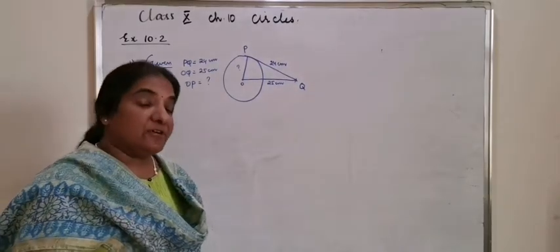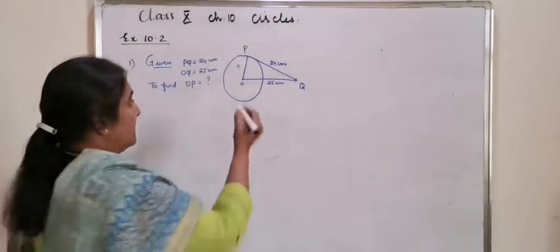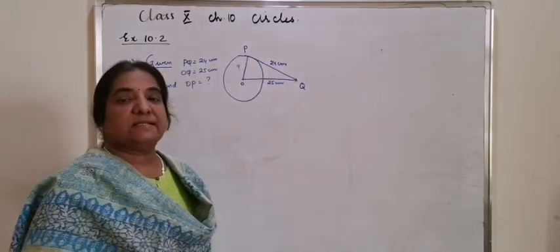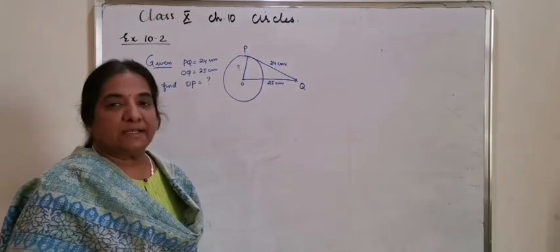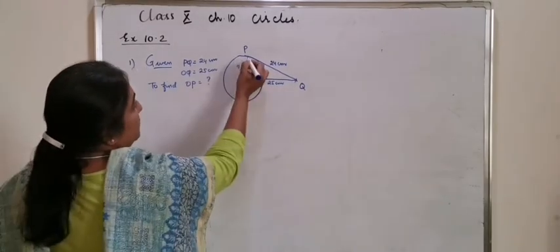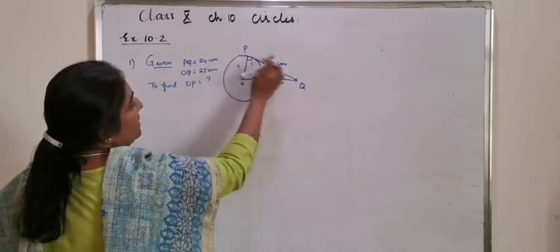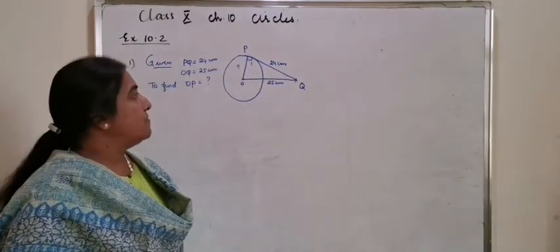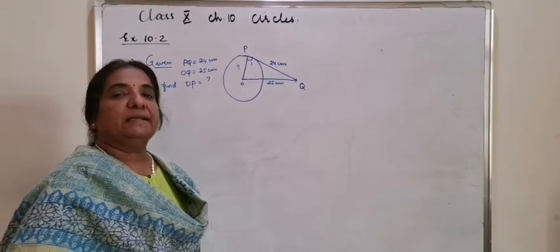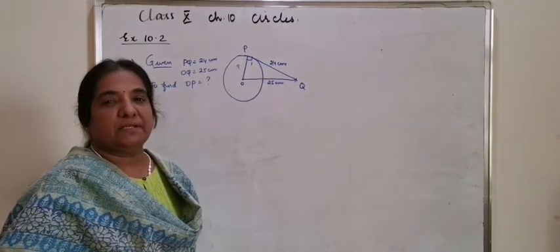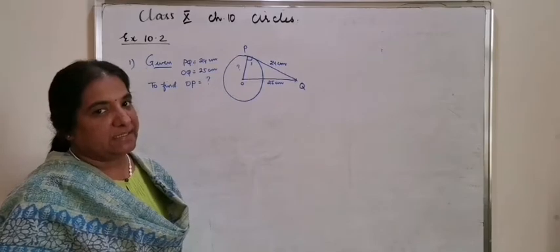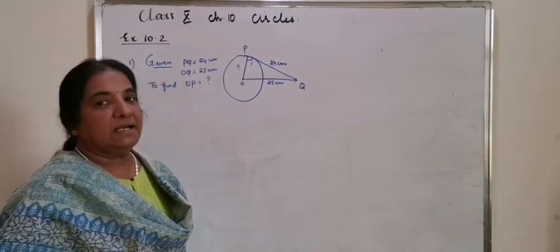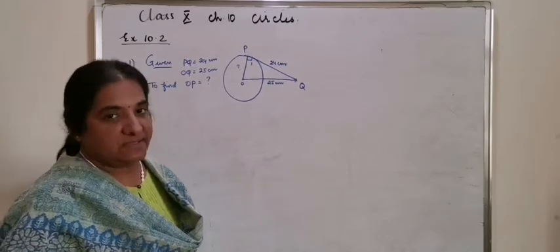Now the first theorem: OP represents the radius, QP represents the tangent at the point of contact P. Therefore, angle OPQ, or angle 1, will be 90 degrees, by the theorem that the radius is perpendicular to the tangent at the point of contact. Immediately, triangle OPQ becomes a right triangle and you can apply the Pythagoras theorem.